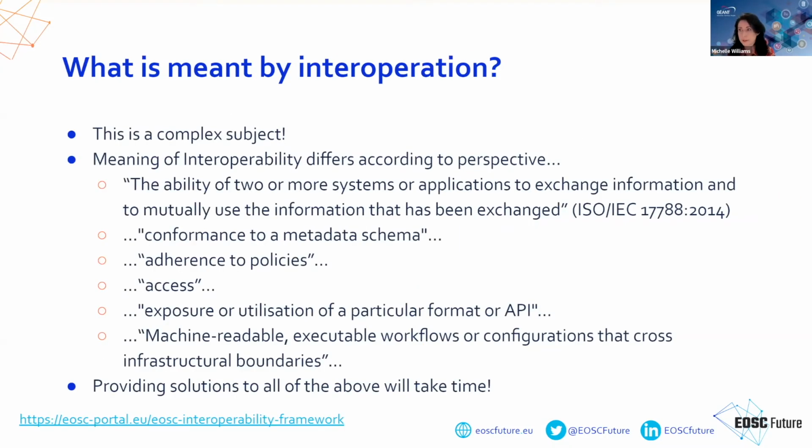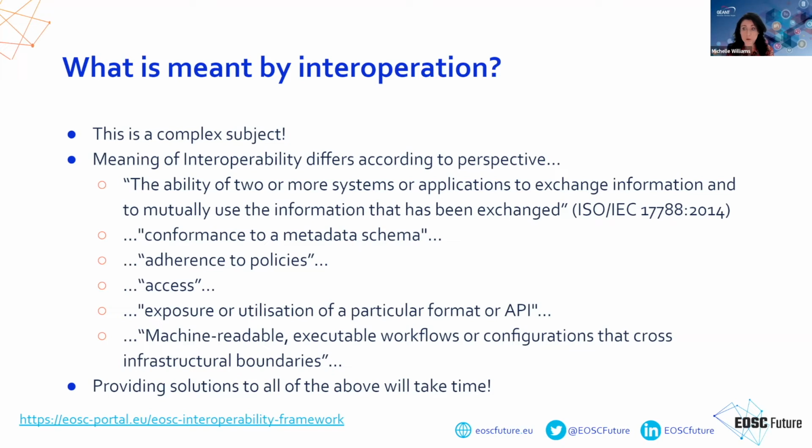So what's meant by interoperation? Well, it's really complex, as I think everybody knows, and there's an ISO definition that's readily available, but practically, what does it actually mean to somebody who's preparing a product or a service? Well, it could mean conformance to a metadata schema. It could mean adherence to policies. It could just mean access and broad access.